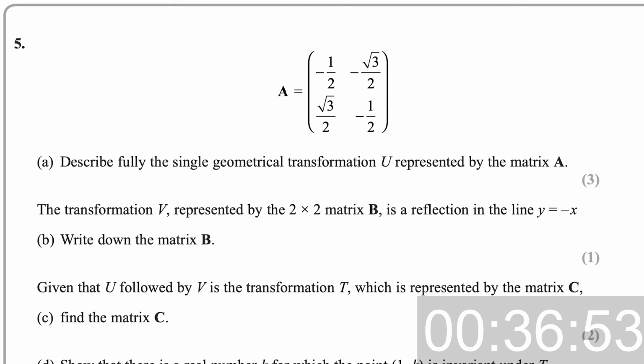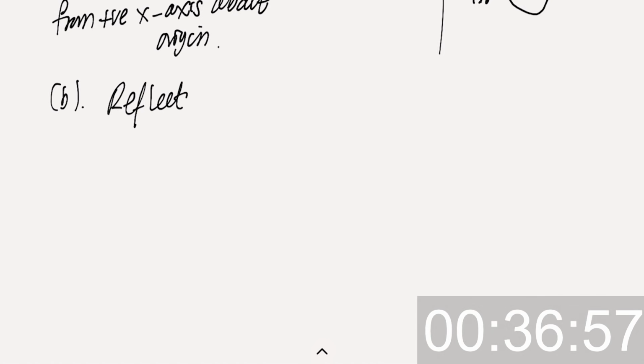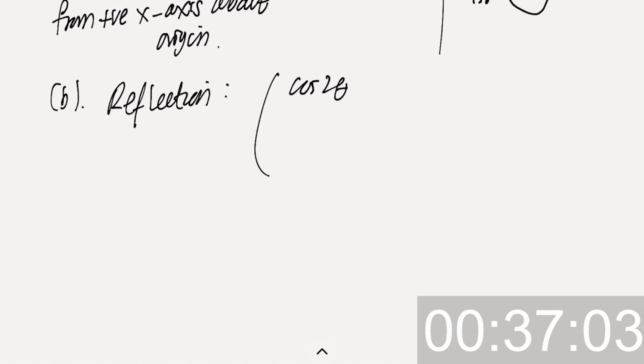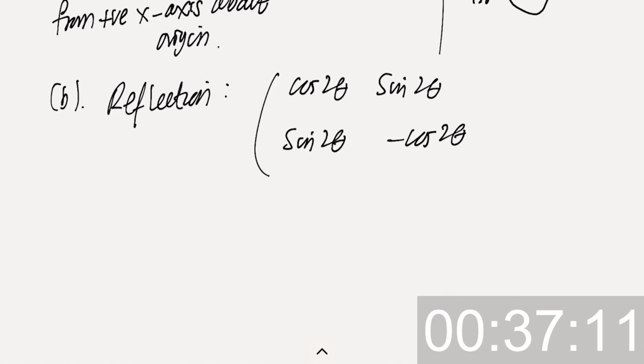So the reflection matrix, it's very similar to the rotation matrix, except you have cos of 2 theta, sine of 2 theta, sine of 2 theta and minus cos 2 theta.